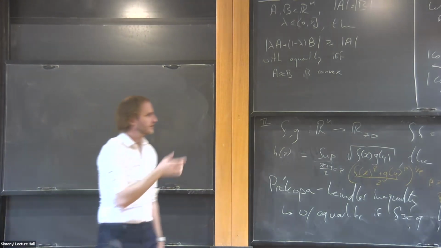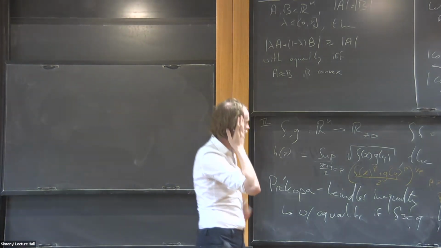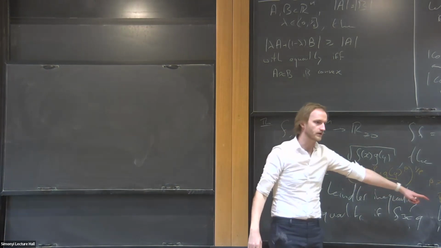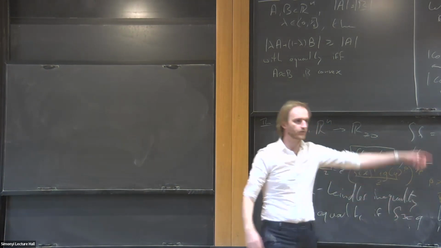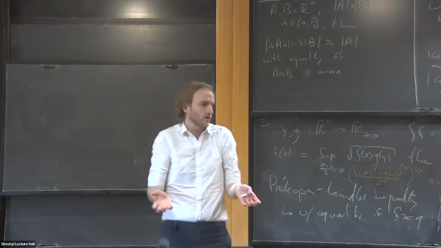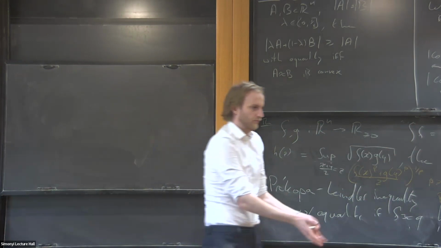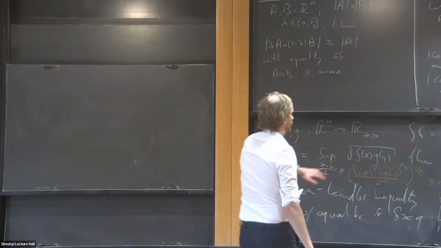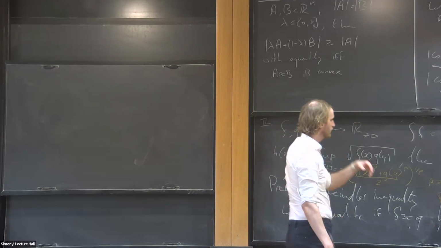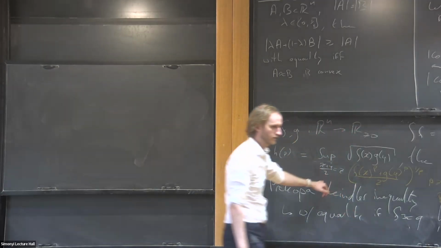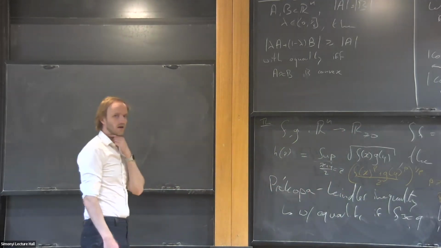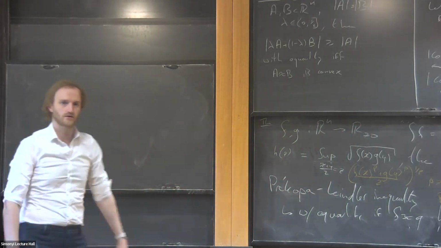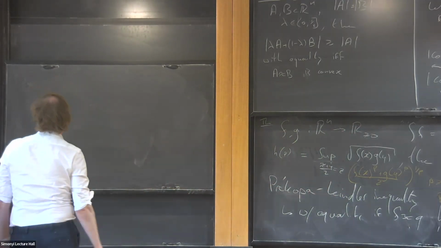So maybe let's start with giving a proof of this Brascamp-Lieb inequality, because the proof that we gave for the Brunn-Minkowski of course doesn't work, because we really pushed it to the limit there. So let's see why we can still use the Brunn-Minkowski inequality to prove this Brascamp-Lieb, exactly using the level sets that Federico mentioned.